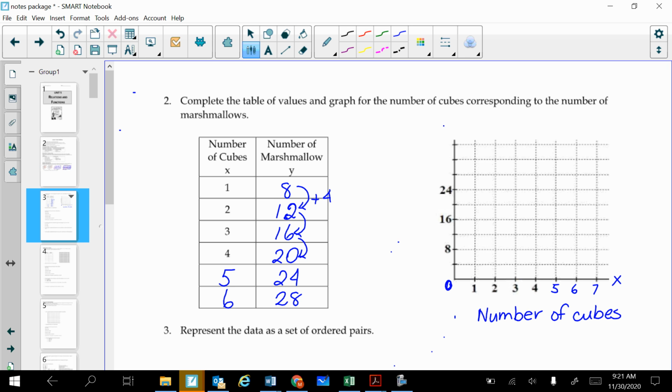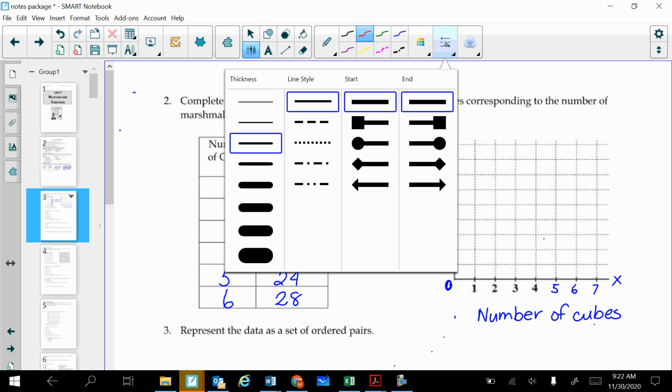And over here is my Y, number of marshmallows. Let's take a look at our scale here. I'm going up by 4, so 0, 4, 8, 12, 16, 20, 24, 28, and up here is going to be 32.